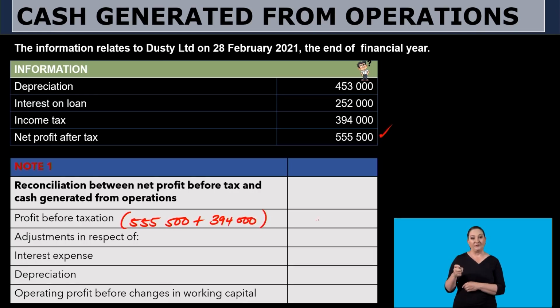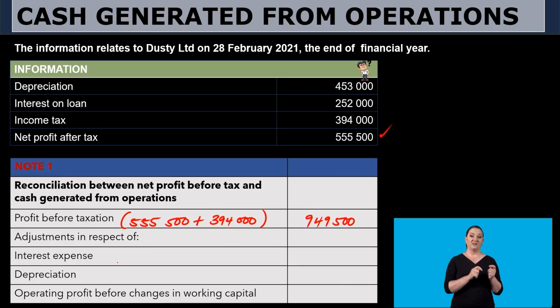That will take me back now to my profit before tax, which in this case is going to be 949,500. This one was simple. If you're given net profit after tax and you need net profit before tax, you simply add that income tax amount back. And then we have adjustments in respect of.